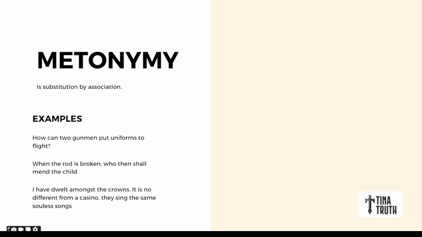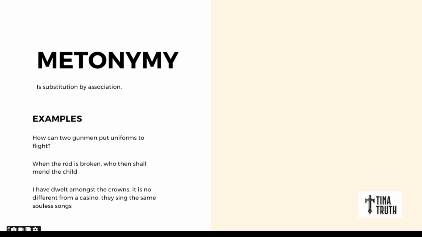Now, metonymy here is using a rod to associate with a parent, not a poet. If I wanted to call a poet, I should probably use a pen for the metonymy of a poet.